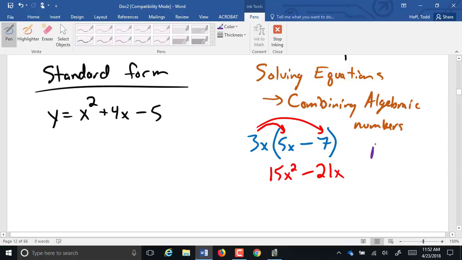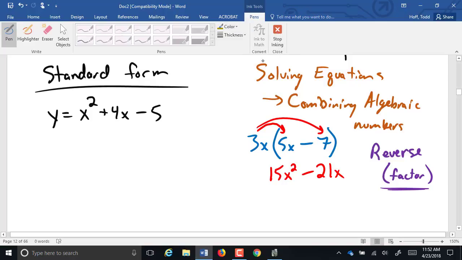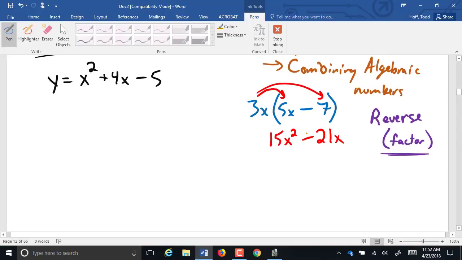Well, we want to look at how do we reverse that process? In other words, something called factoring. How do we factor that? Factoring, very similar to numbers, whole numbers, we're looking at numbers that divide into that.